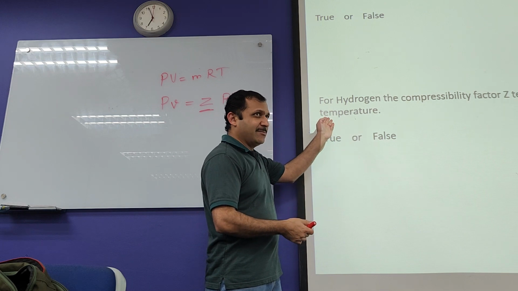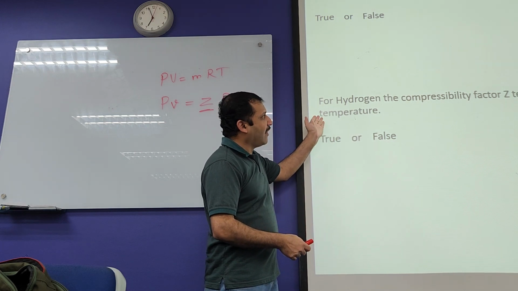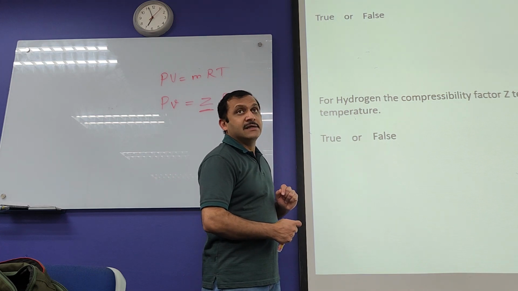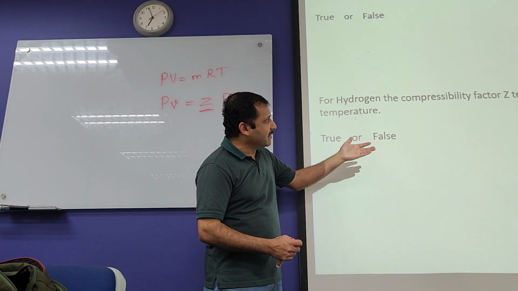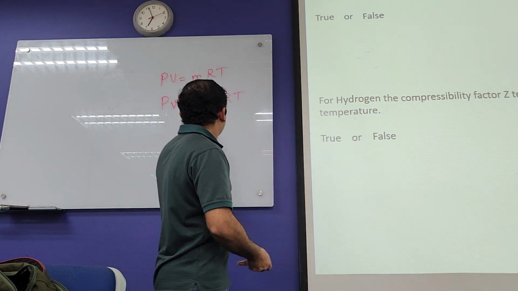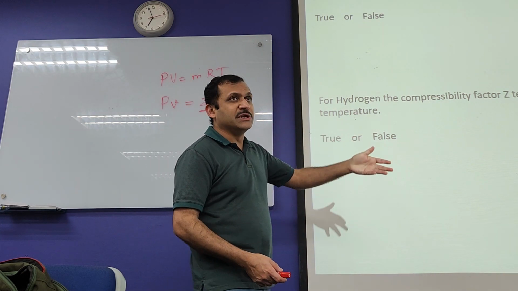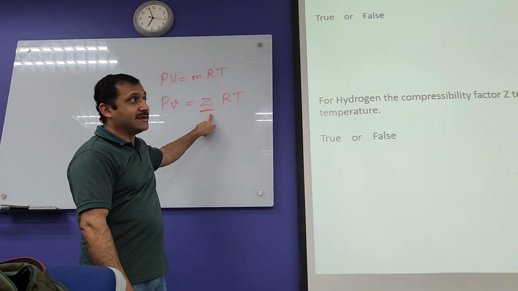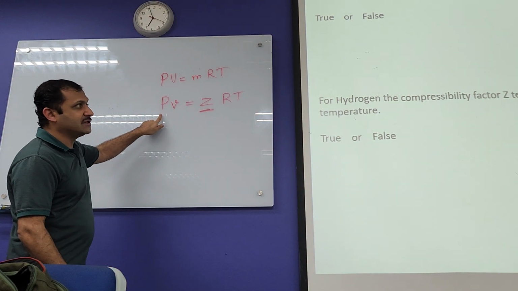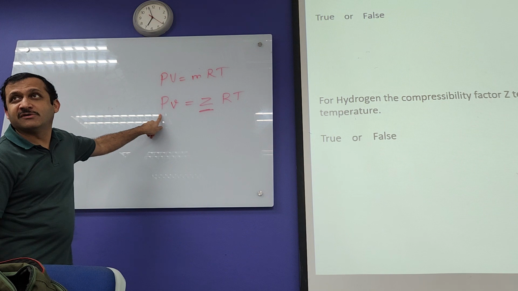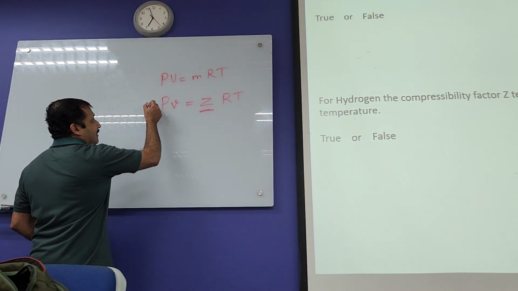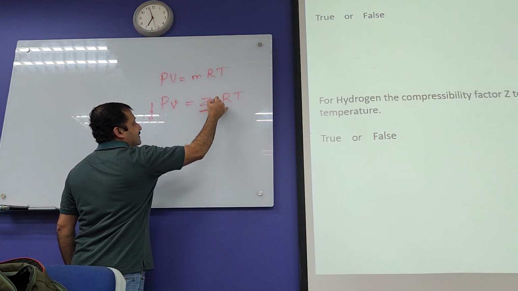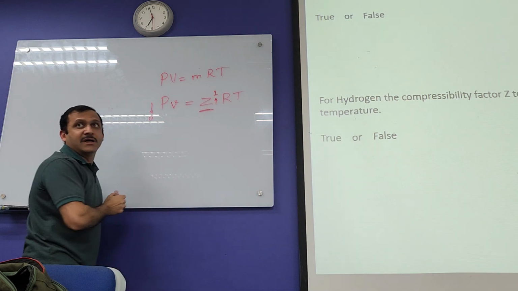Can you tell me the answer for this? For hydrogen, hydrogen being a real gas, the compressibility factor Z tends to unity, approaches 1, as pressure approaches 0. When the pressure starts going to 0, Z starts going to 1.